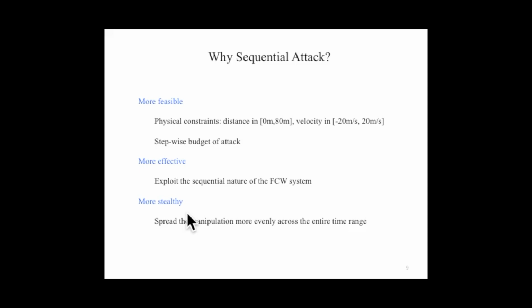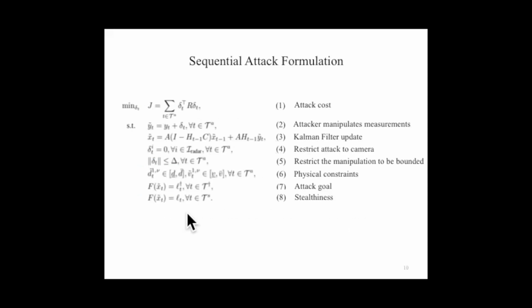So next, I will show our formulation of sequential attack. In particular, the objective function, equation 1 here, represents the cumulative norm of the manipulation over time. This can be viewed as the attack cost. Then equation 2 is the attack action, where an additive manipulation term delta t is introduced to the clean measurements y_t.